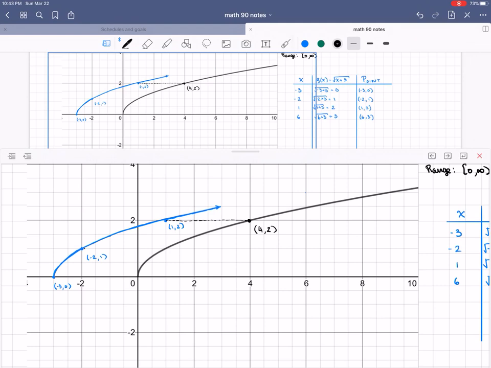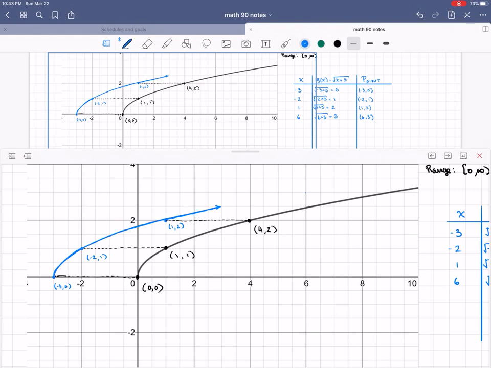If I take the point negative 2, 1, and I dot over until I get to the graph of f, same y coordinate, and the x coordinate is bigger by 3. If I start at the point negative 3, 0, and I dot over from there, it is a point on the graph of f, same y coordinate, the x coordinate is 3 bigger.